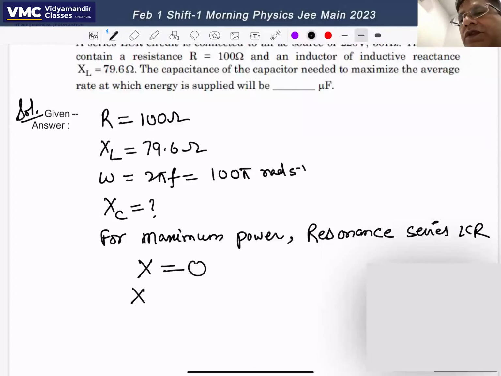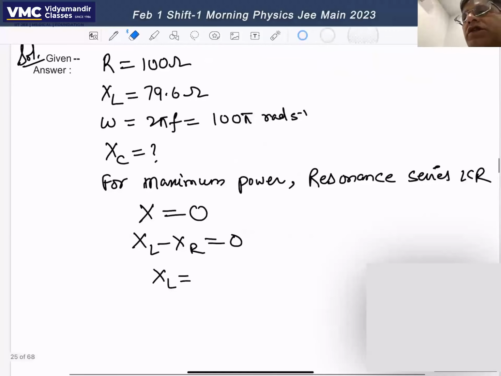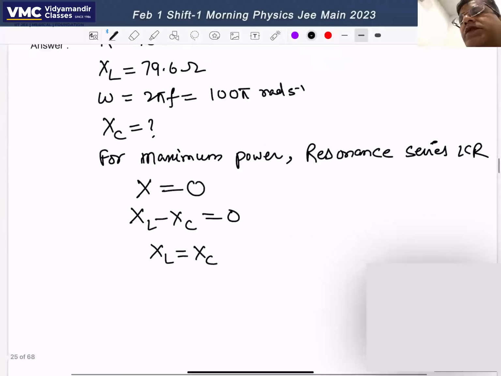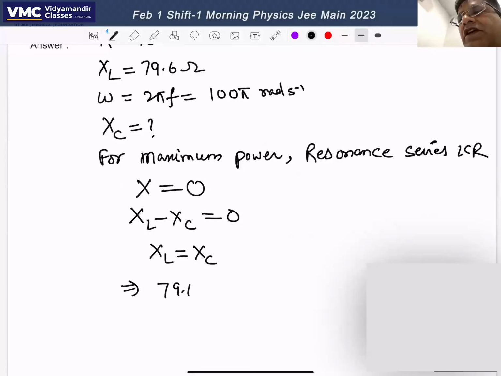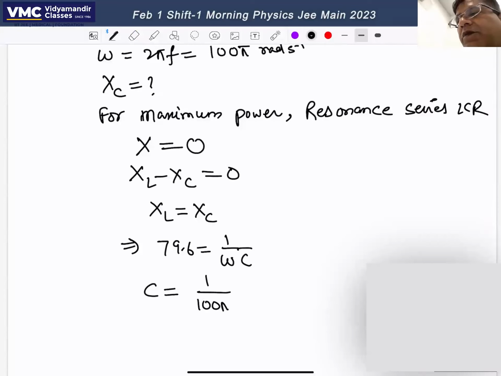For this, the net reactance must be 0. That means XL minus XC must be 0, that means XL and XC should be equal. So XL is given as 79.6 and XC is given as 1 by omega C. So from here we can get capacitance C as 1 by 100 pi times 79.6, in farad.